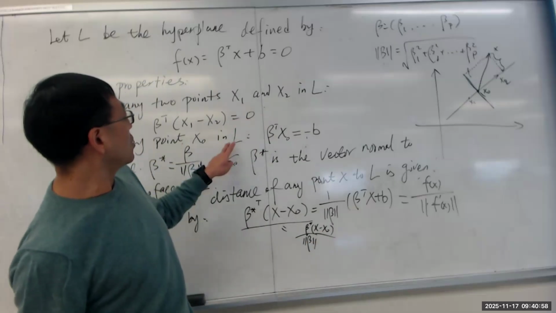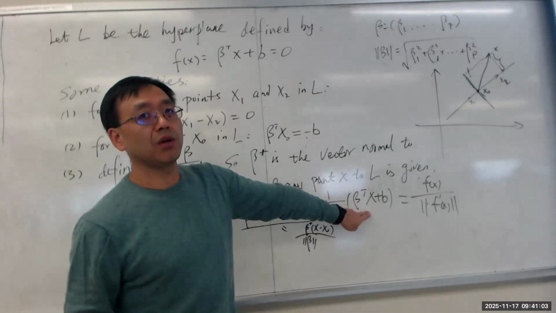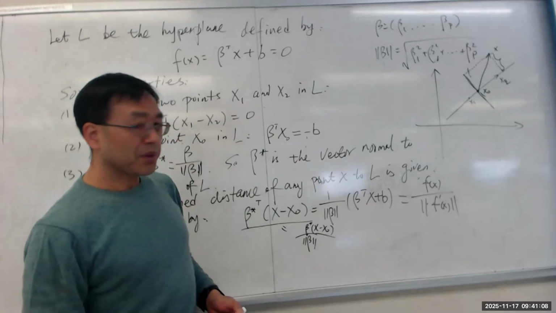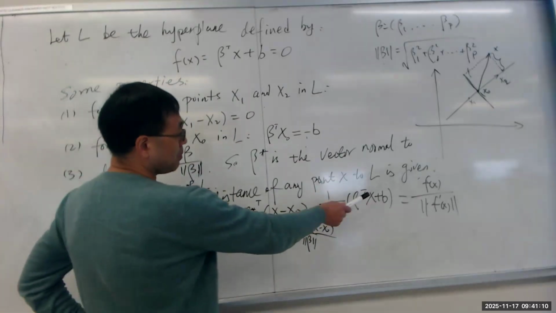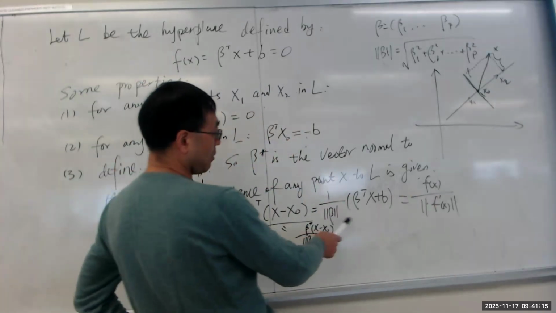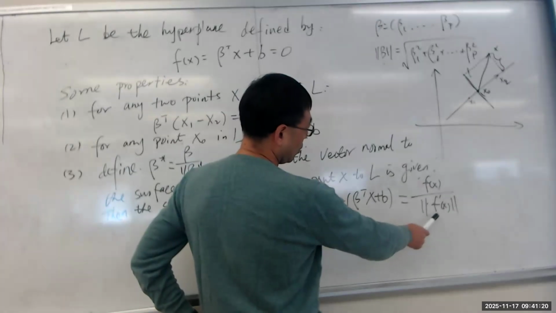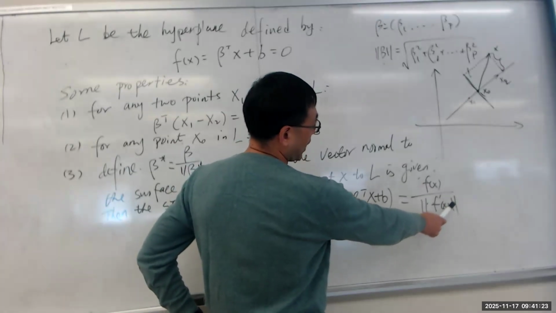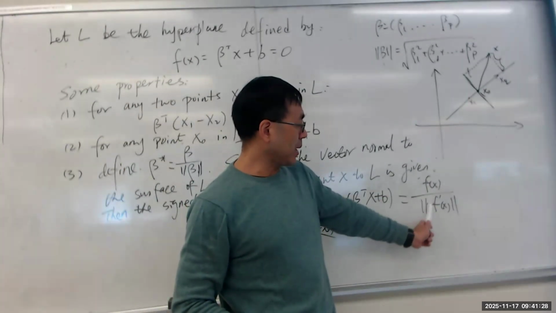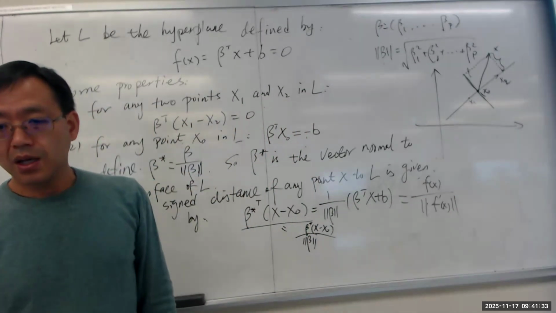And we know beta transpose x0 equals minus b, so therefore this is a plus b, back to the original equation. Beta transpose x plus b is essentially f(x), and the norm of beta can be viewed as the norm of the first order derivative of f(x), right? It's essentially the same, because the derivative of f(x) with respect to x equals beta. This is just another way to look at it.